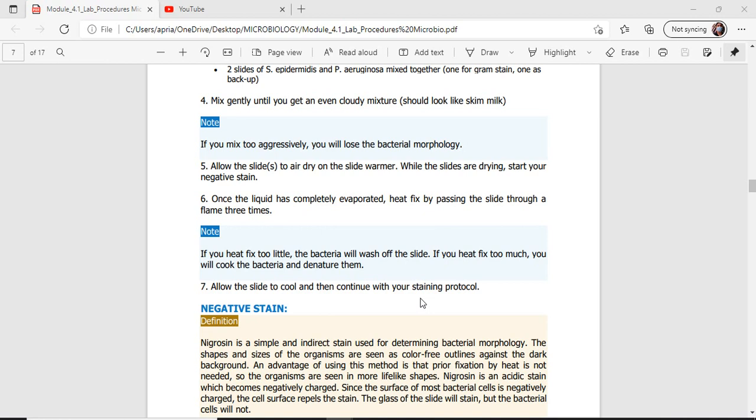Once the liquid is completely evaporated, you need to heat fix it.